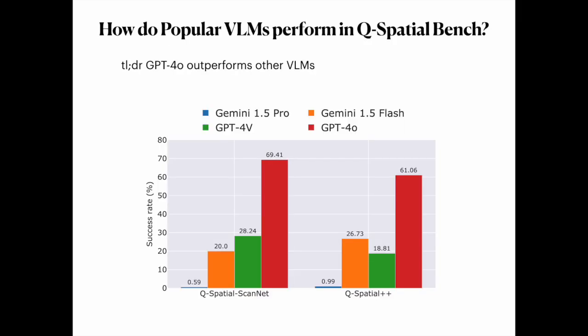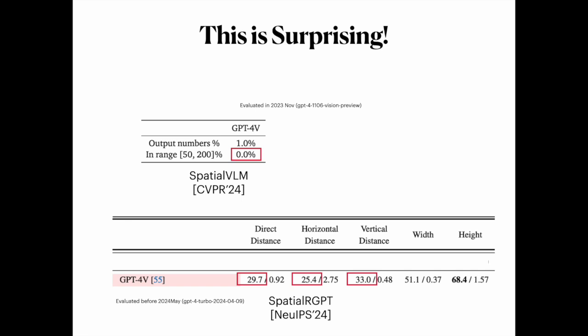So how do popular VLMs perform in Q-Spatial Bench? As we showed earlier, GPT-4o outperforms others by a large margin. In Q-Spatial Bench, GPT-4o achieved more than 60 points in success rate in both splits, where other VLMs such as GPT-4v achieved no more than 30 points. This is perhaps surprising.